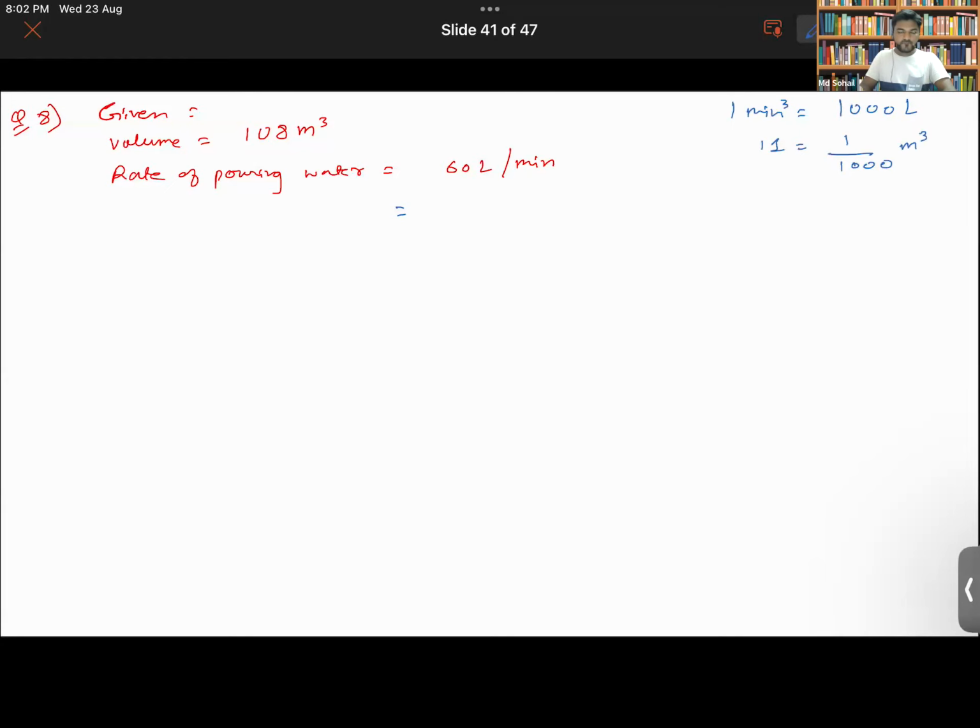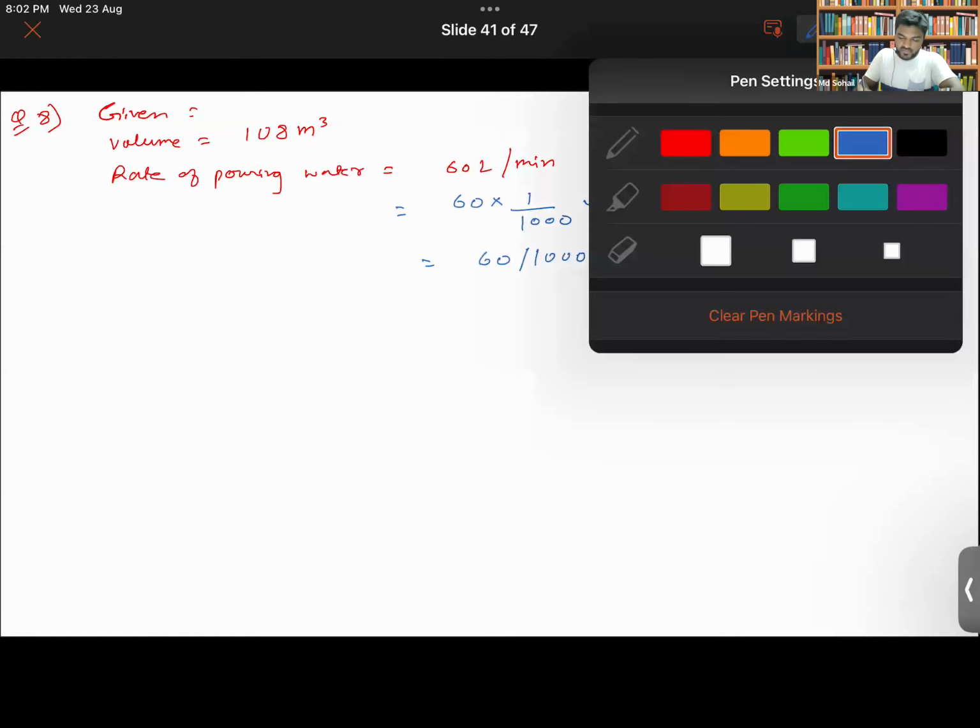So we can also write it like this: 60 upon 1000. It is 60 per 1000 cubic meter per minute. Getting it now? Is anything else given in the question?